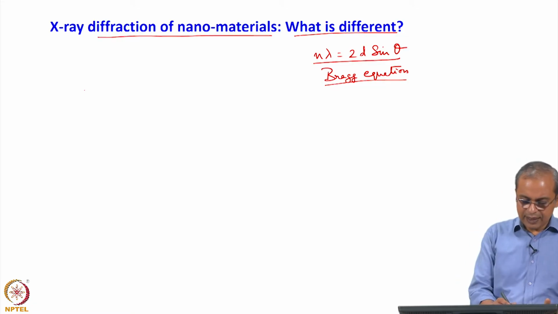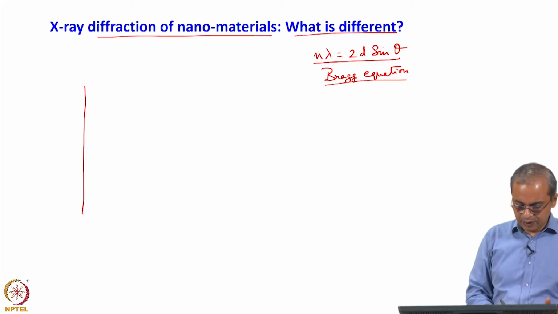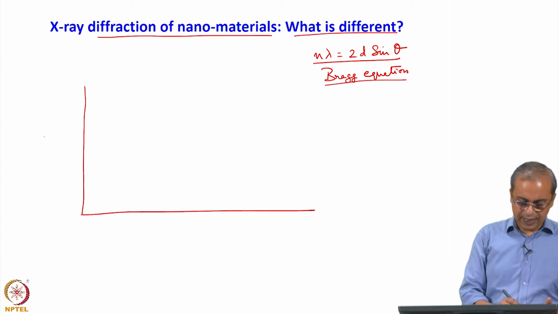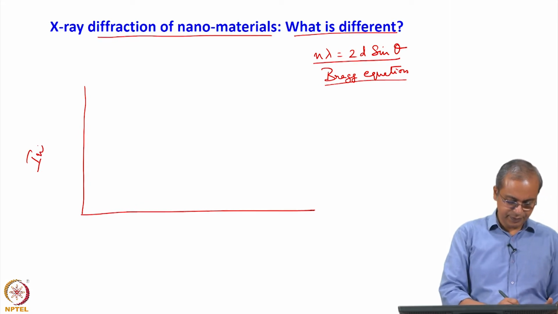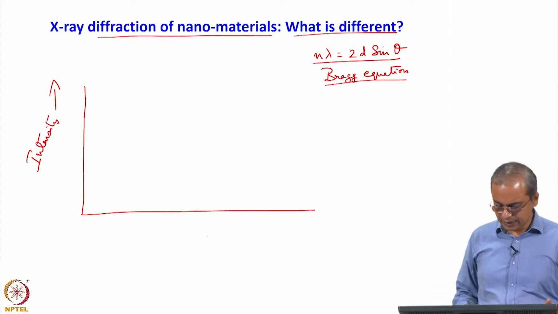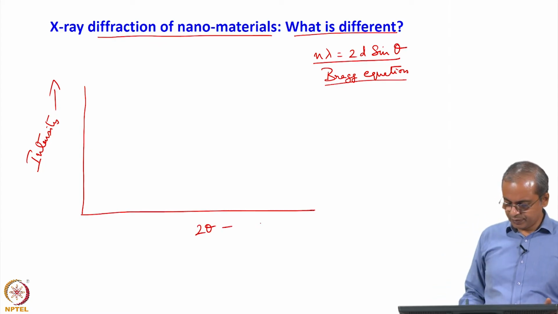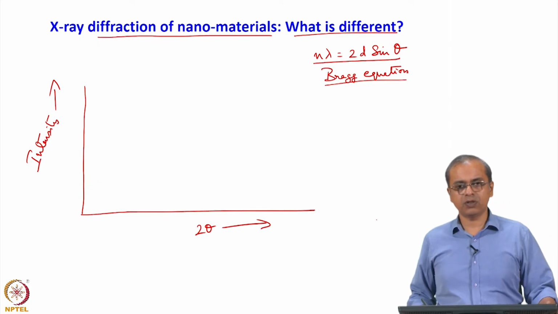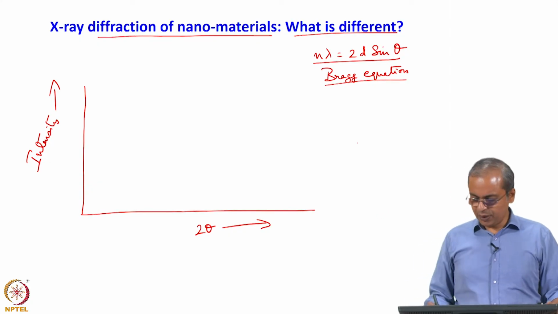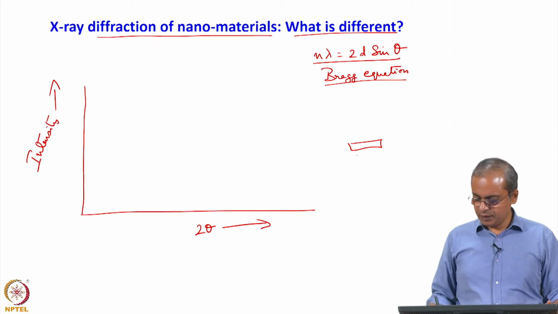So, if you look at the typical data, you will have intensity in some arbitrary units headed that direction, and this is 2 theta, the angle at which your detector is. So, you have a sample, you have a source of X-rays and you have a detector.